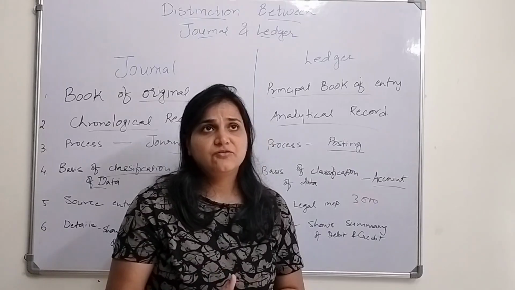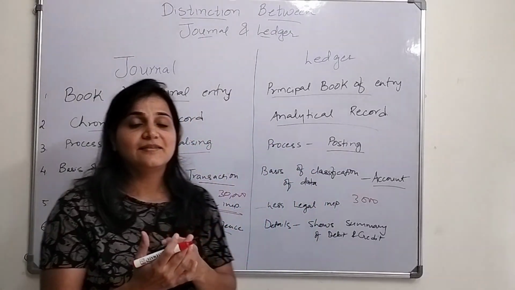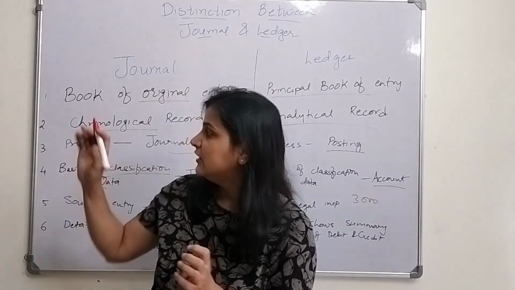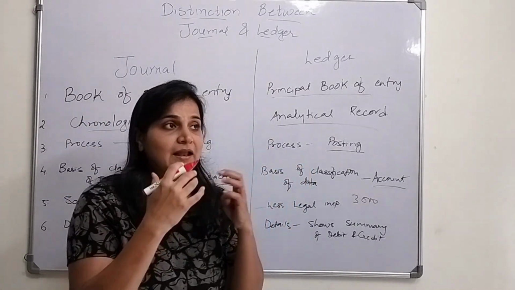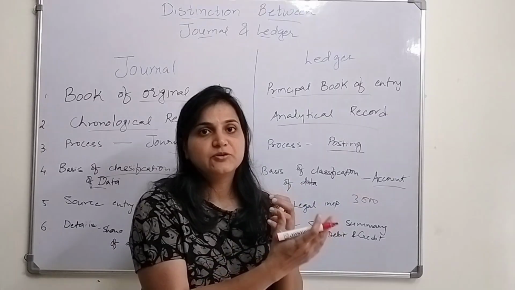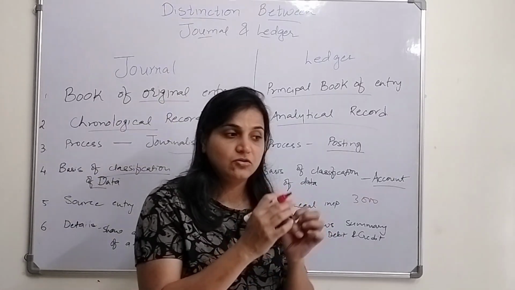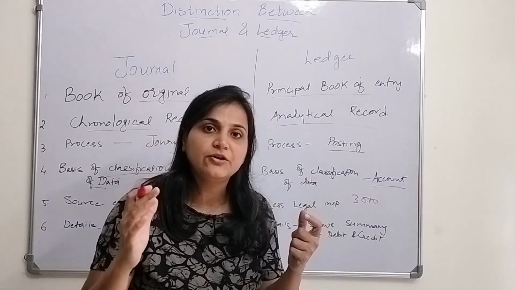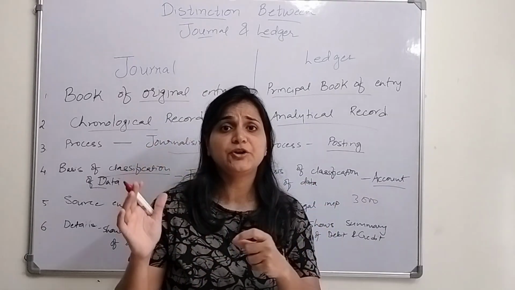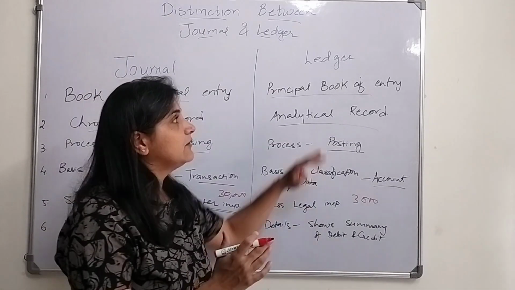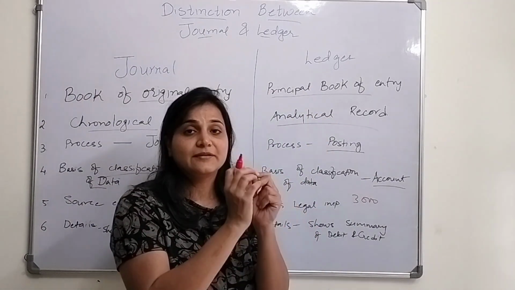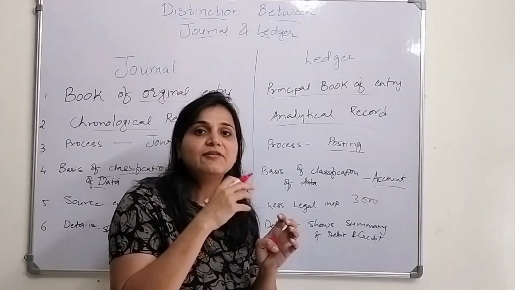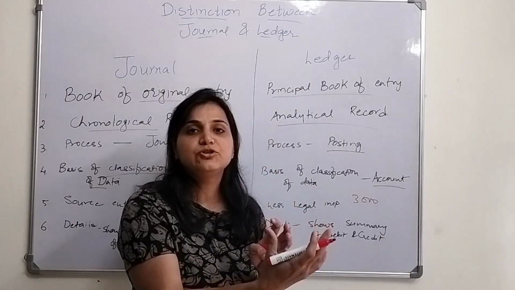There are many other differences. In the journal we can't get to know the net position. There are only entries. Likewise, if I am purchasing goods from a supplier, I won't be able to know how much I am due to pay him after a particular time. In the ledger, I have prepared that supplier's account, I will get a summary of it and I will get to know how much I am liable to pay him.